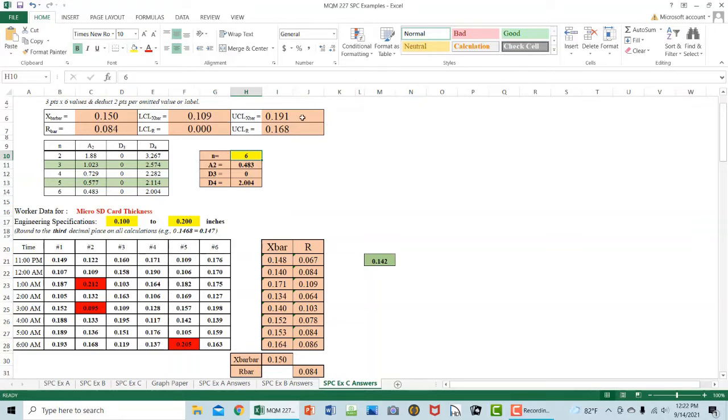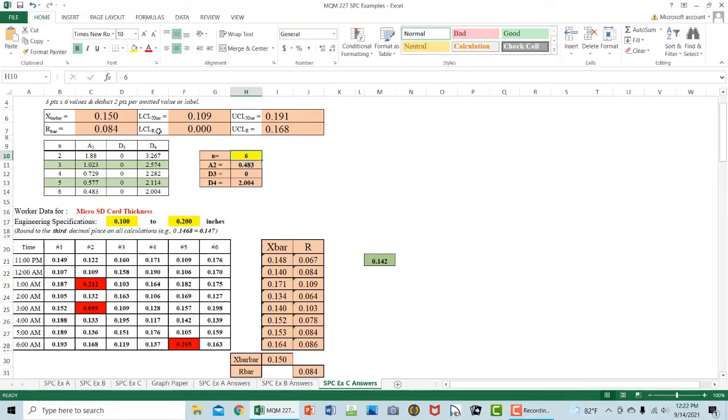To come up with the upper control limit for X bar, you're going to take this number plus this number times this number. So for the lower control limit, it's a subtraction, the average minus A2 times R bar. For the upper control limit, it's X double bar plus A2 times R bar.